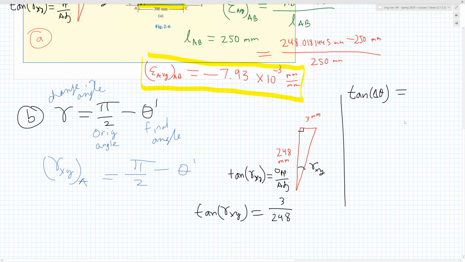This is what's going to happen when you let delta theta go to 0, when you let the angle go to 0: tangent delta theta approaches delta theta. You can look it up, small angle approximation.